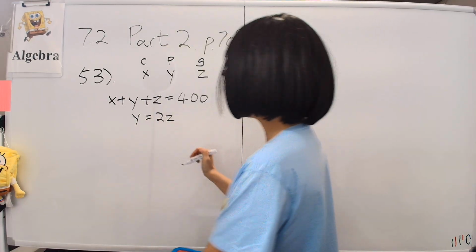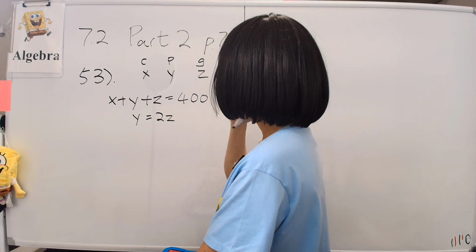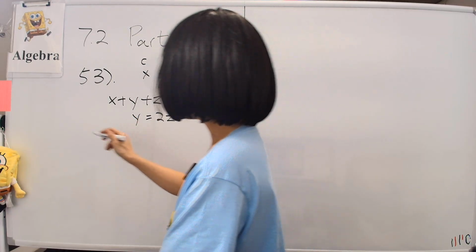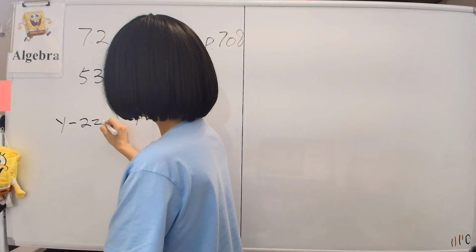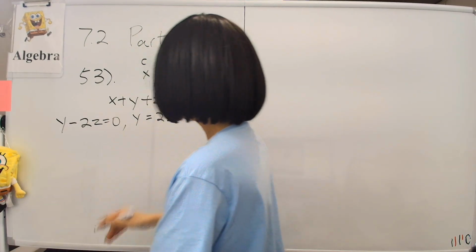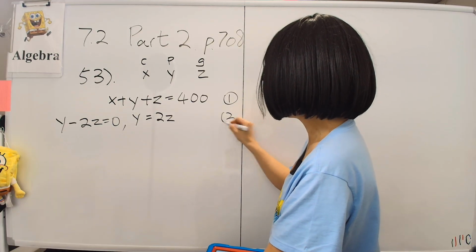Let's put it all on one side: y minus 2z equals 0. Same thing. So that will be equation 2. This is 1, and that's 2.